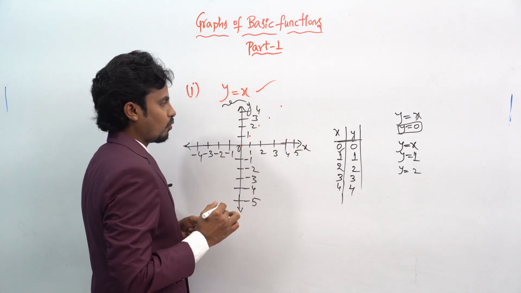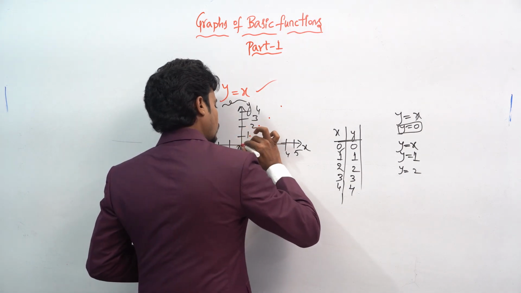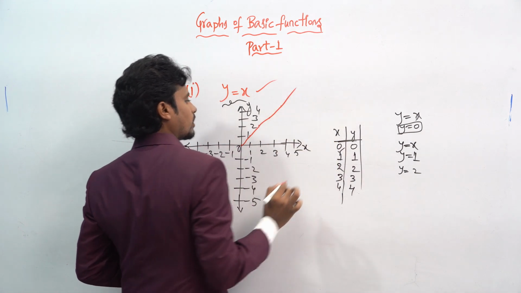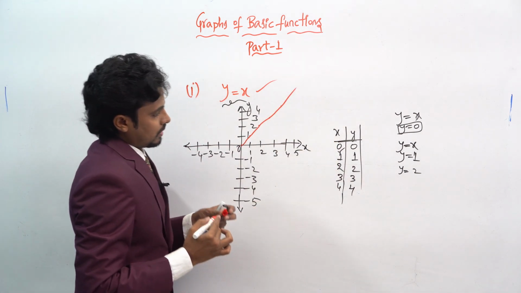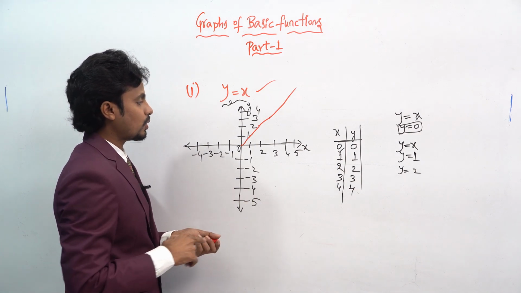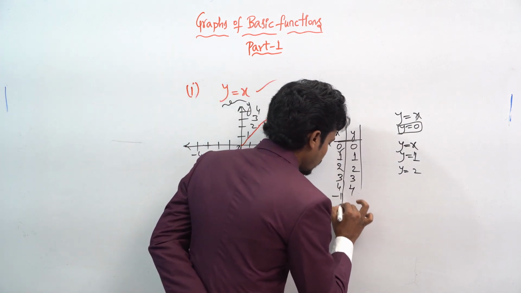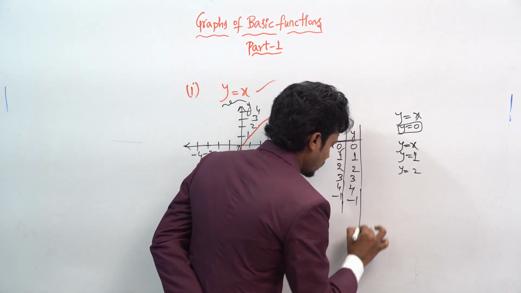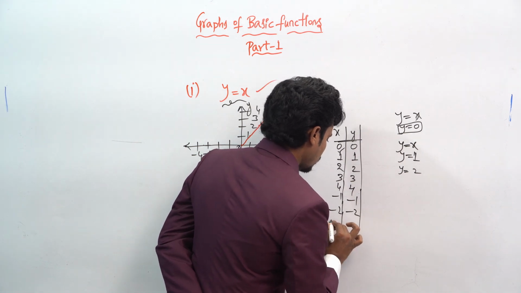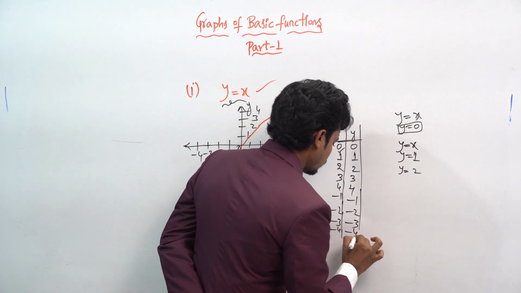Okay, now what we have to do? We have to do like this. Next, if you want to take the negative case also, you can. If you take -1, what will happen? You will get y as -1, so -2 gives y as -2, -3 gives -3, -4 means -4.